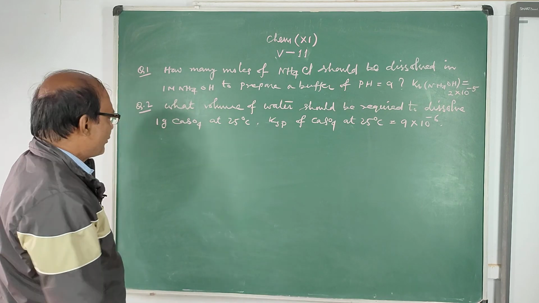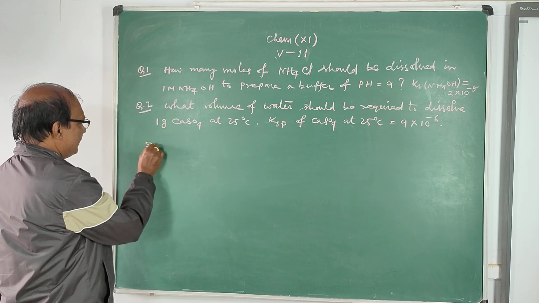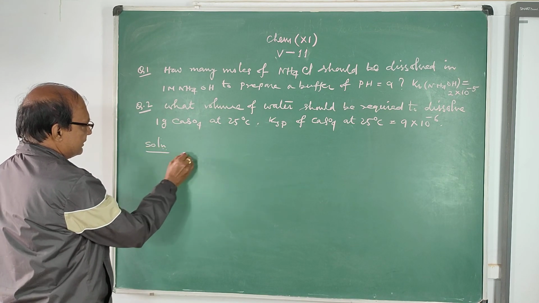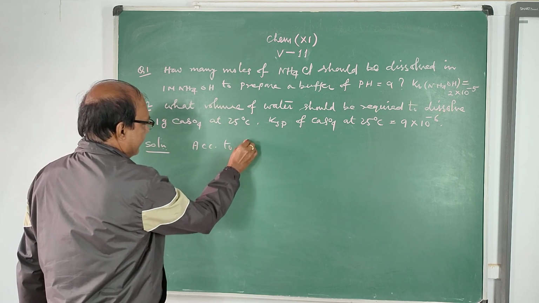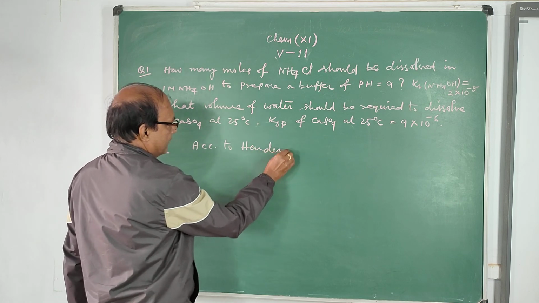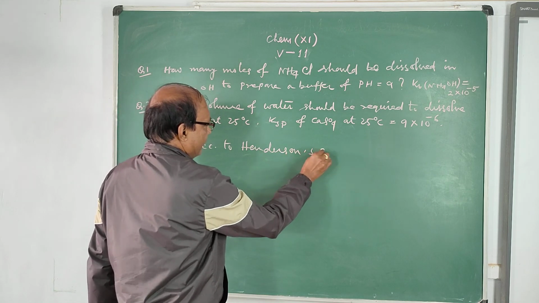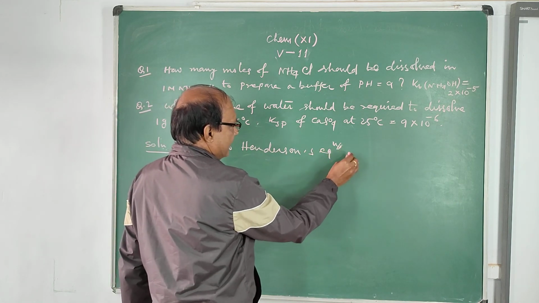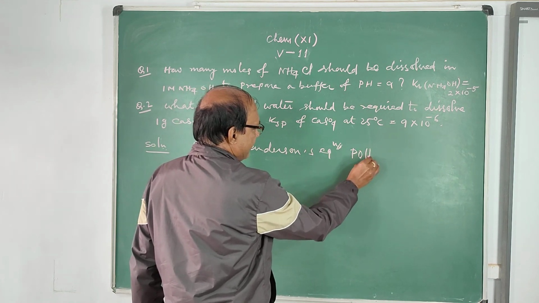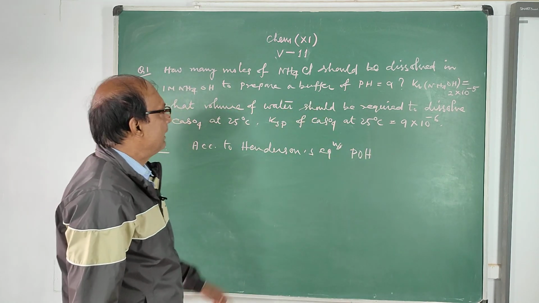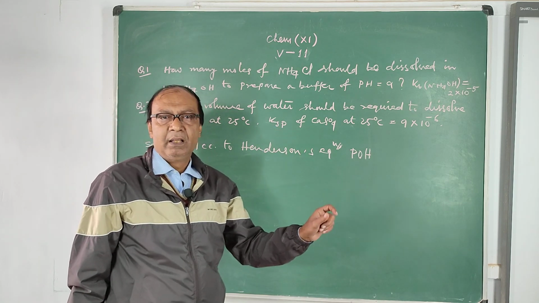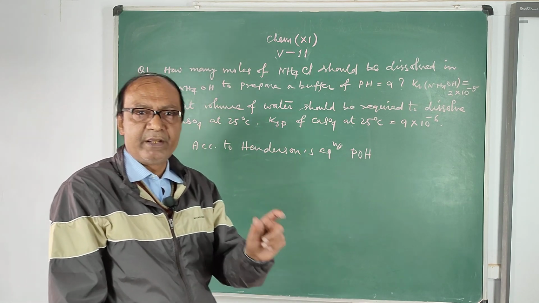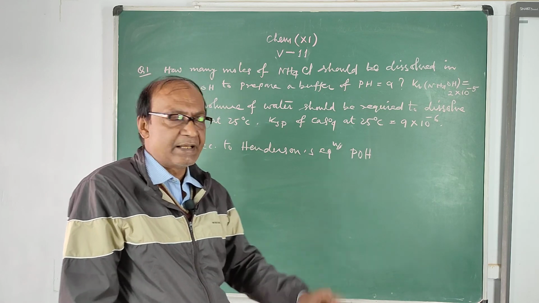Now see, according to the Henderson equation, we know that it is a basic buffer because it is a weak base. A basic buffer constitutes a weak base and its salt with a strong acid.